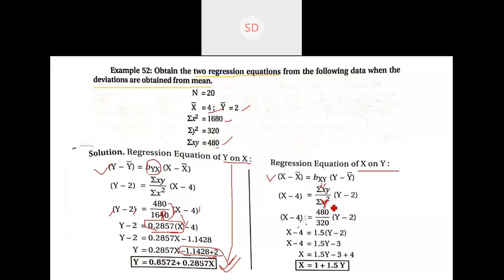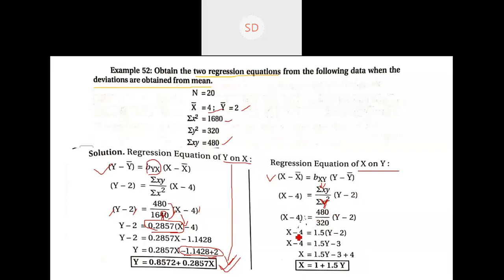Now summation y square is 320, which we already know. So x minus x bar, 4, is equal to summation xy, 480, divided by y square, 320, into y minus y bar, 2.